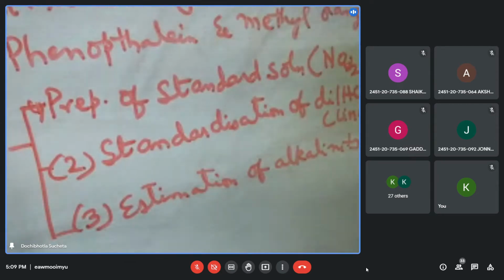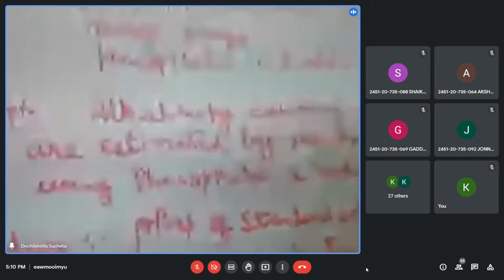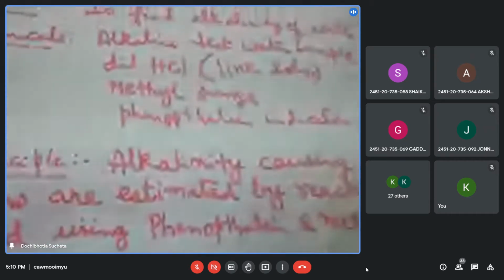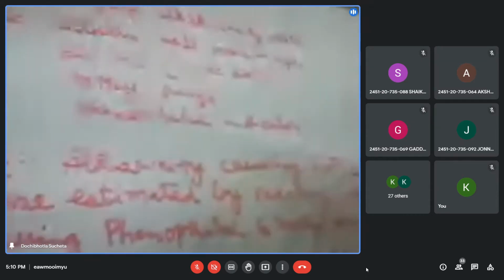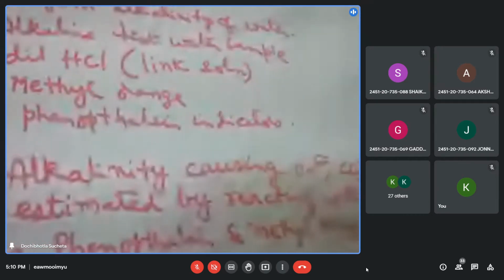The experiment has 3 steps. Step 1 is preparation of standard sodium carbonate solution, then finding the concentration of the HCl link solution, and the third step is estimation of the alkalinity of the sample. Is it possible that all the 3 anions could be present?